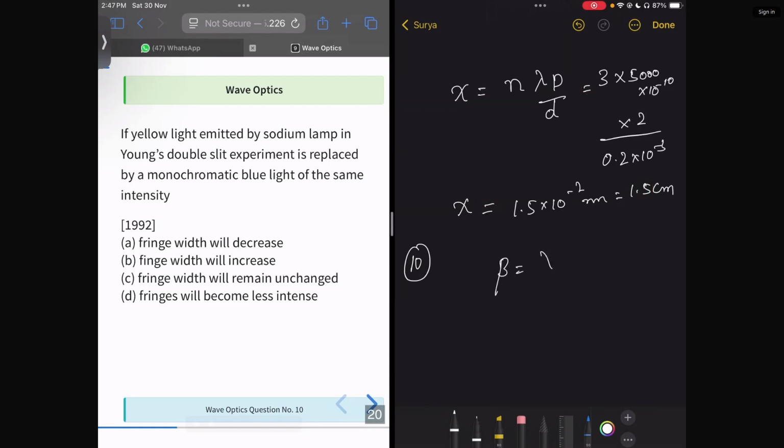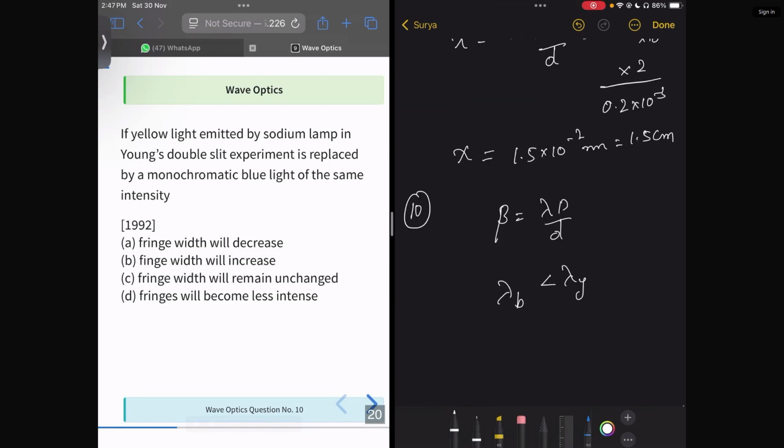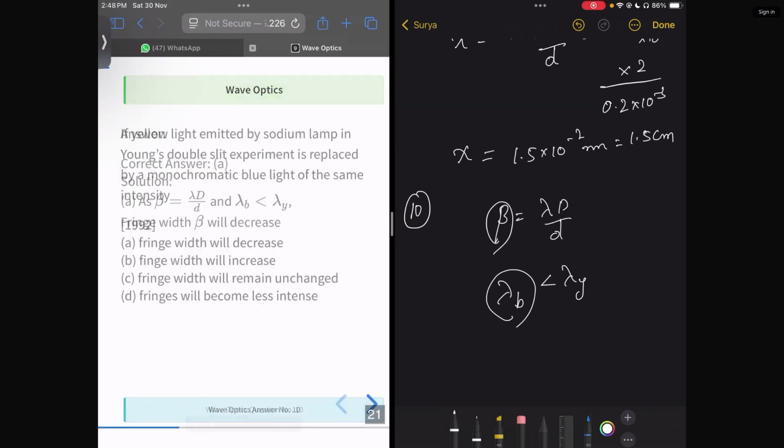Beta equal to lambda D by small d. Lambda blue is less than lambda yellow, so the fringe width will be less for blue. Lambda is decreased, so beta is also decreased. So option A is the right answer. It will decrease.